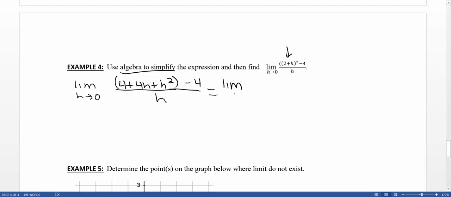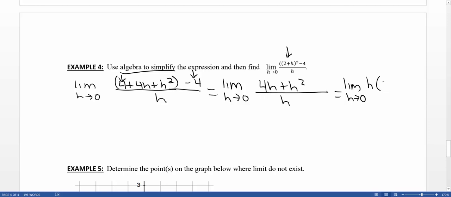Now, combining like terms, I can look at these constants. So notice I have a 4 in the first term and a minus 4 at the end. So I can cancel those out, and I'm left with (4h + h²) over h. And what I can do here is I can factor out an h, so the limit as h goes to 0.